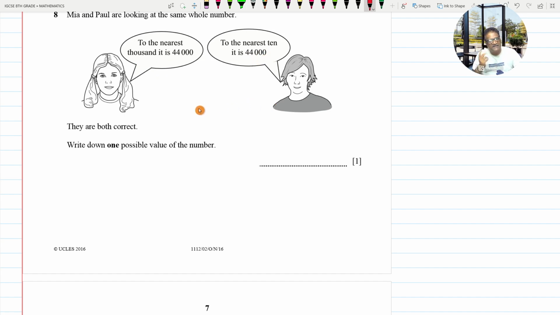Now you can think of that number in this way. So suppose you have 39, and then 990. Suppose we have a number like this. Now suppose this is the number, and if you want to round it to the nearest 10, so this is the unit place, this is the 10s place. So you have to round it till here, right?